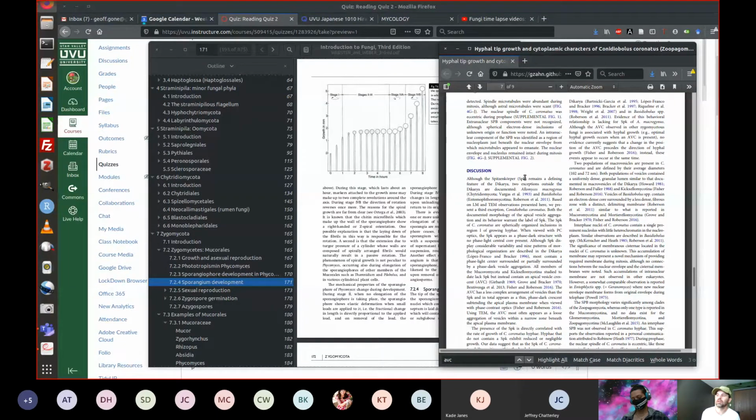The trade-off being that it's harder to compartmentalize if part of you is damaged, right? A lot more of your cytoplasm gushes out if the cell gets disrupted.